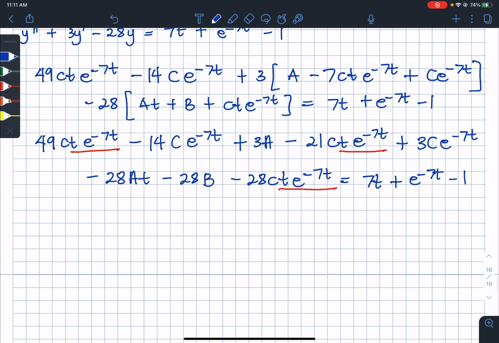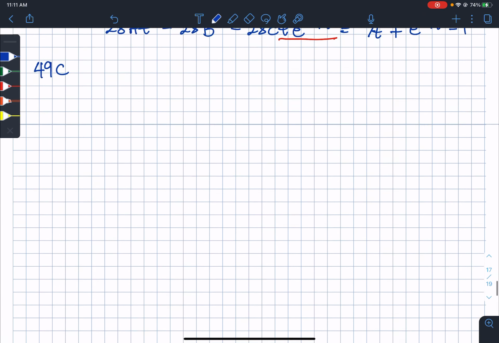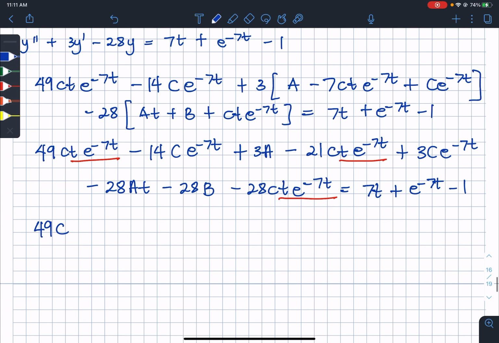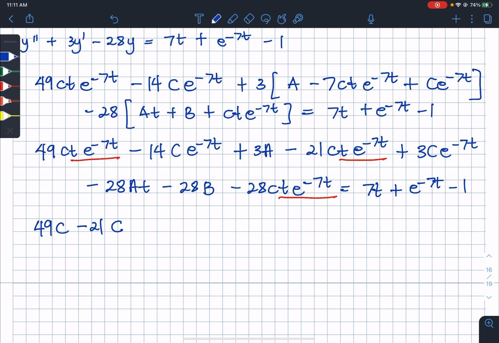So that is 49c minus 21c minus 28c. And all in all, multiply it with t e negative 7t.